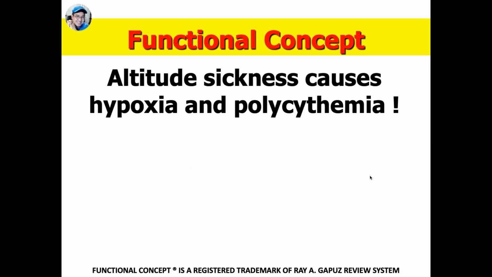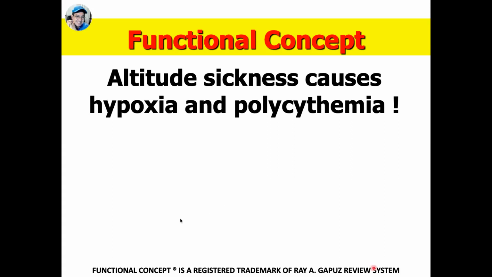There could be reduced oxygen and changes in air pressure inside the body, and that can cause hypobaric hypoxia, wherein the tissues in the body lack oxygen already. In severe cases, altitude sickness can cause fluid buildup in the lungs or the brain or even both. So it can cause your hypoxia and polycythemia.